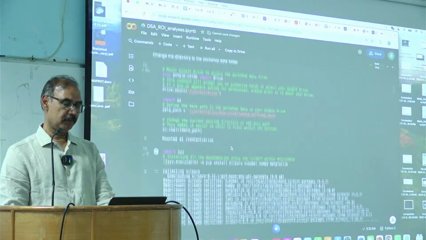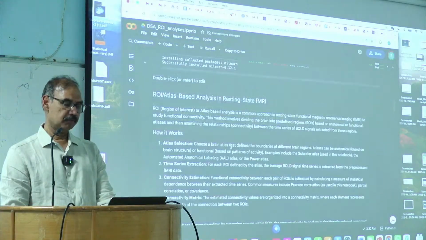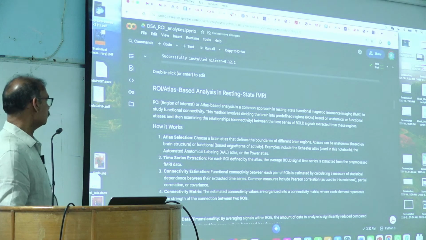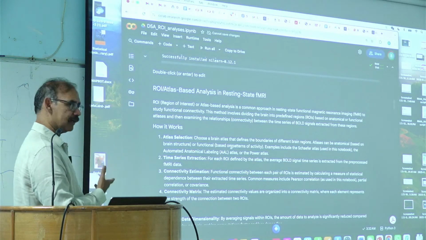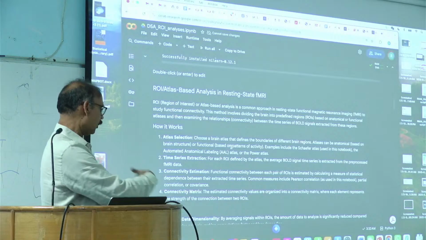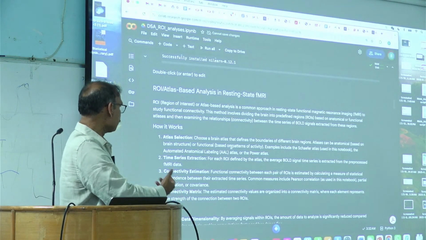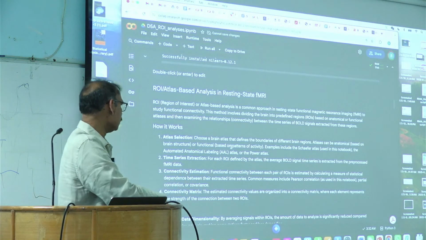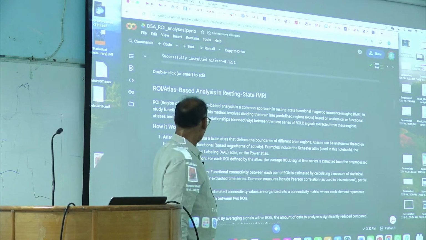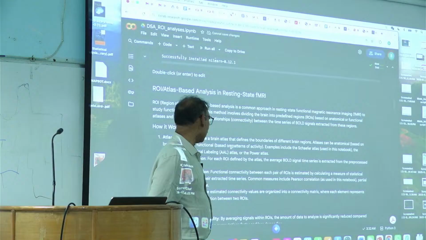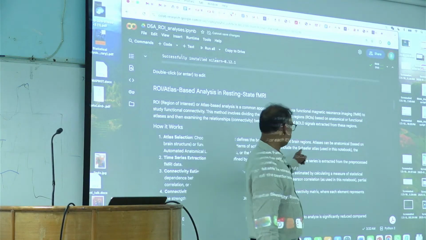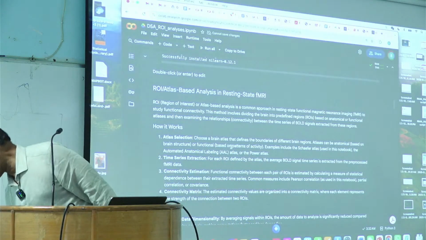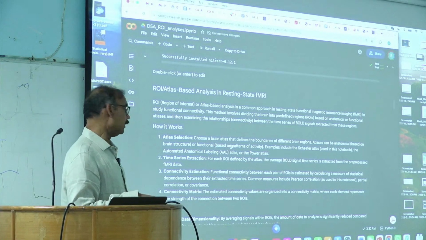So in the atlas based approach, these graph theoretical measures are based on atlases, and there are several different kinds of atlas. One is the automated anatomical labeling, AAL. The other one is Schaefer, which we have used here, and Schaefer has 400 regions of interest.